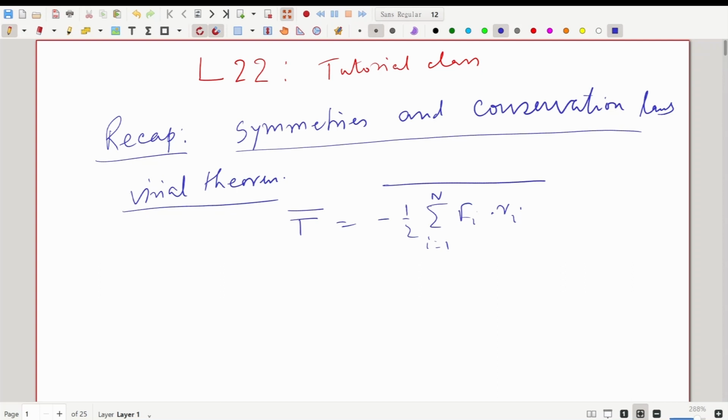Here F_i is the force acting on the ith particle and r_i is its position vector. This average is a long time average, meaning you have to consider a sufficiently long time. We have proved this theorem.